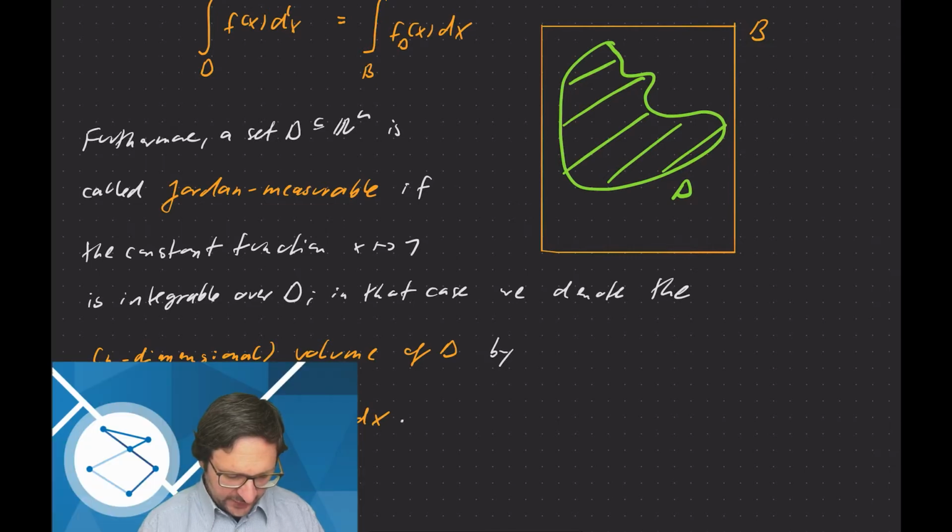Okay, so this way we can associate a volume to every set that is Jordan measurable.